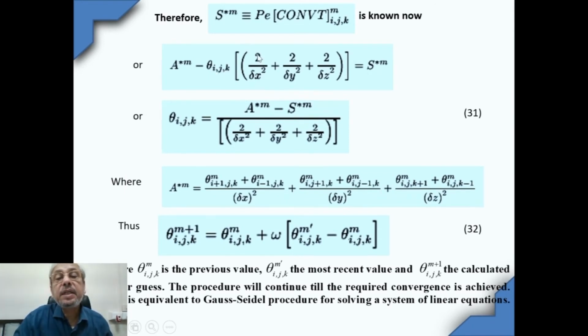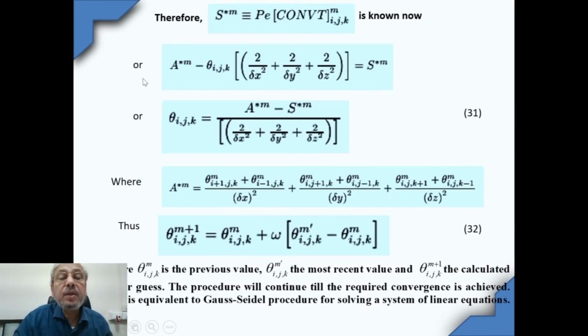So twice theta ijk by delta x square, twice theta ijk by delta y square, twice theta ijk by delta z square with negative sign, and all the neighboring terms, that means theta i plus 1 jk plus theta i minus 1 jk by delta x square, theta ij plus 1k plus theta ij minus 1k by delta y square. So all those neighboring terms, we are calling them A star m.